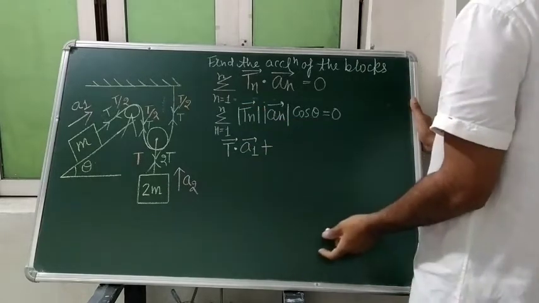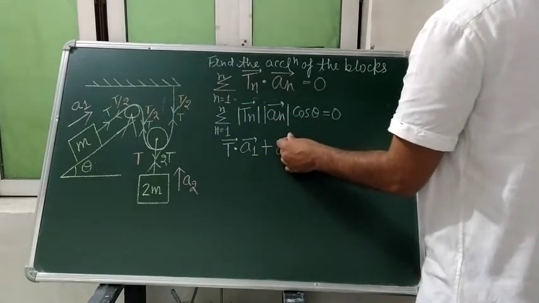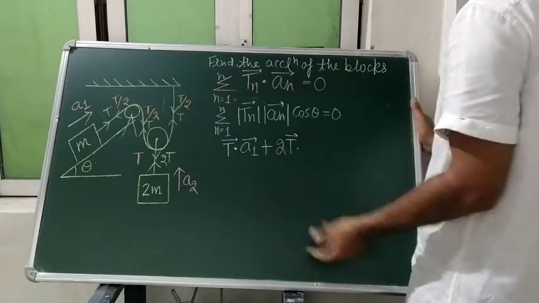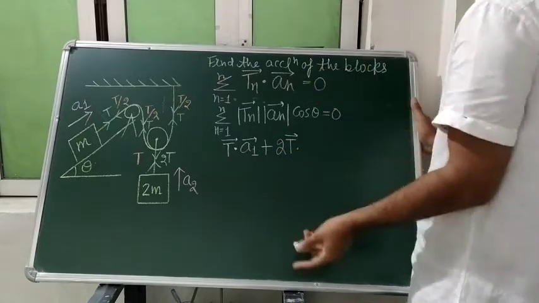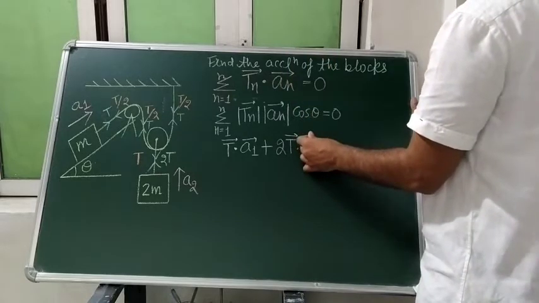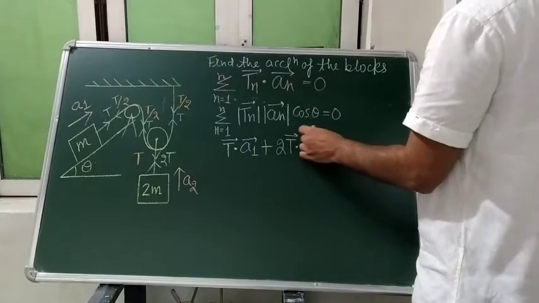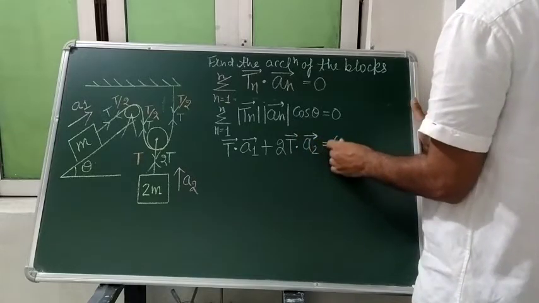Tension is what? Twice of T. So this twice T vector dot this acceleration, which is A2 vector, that should be equal to what, students? 0.